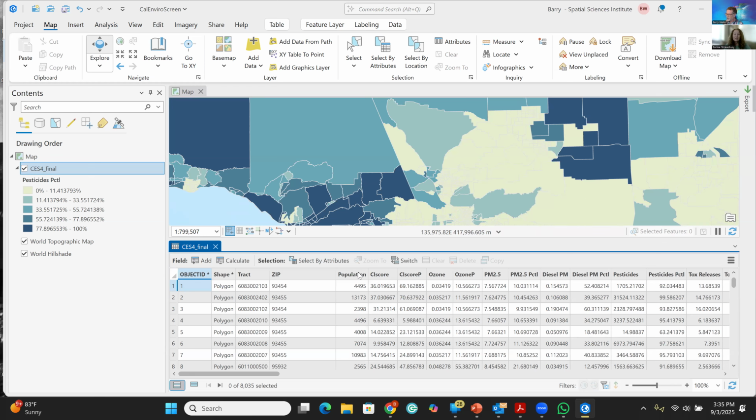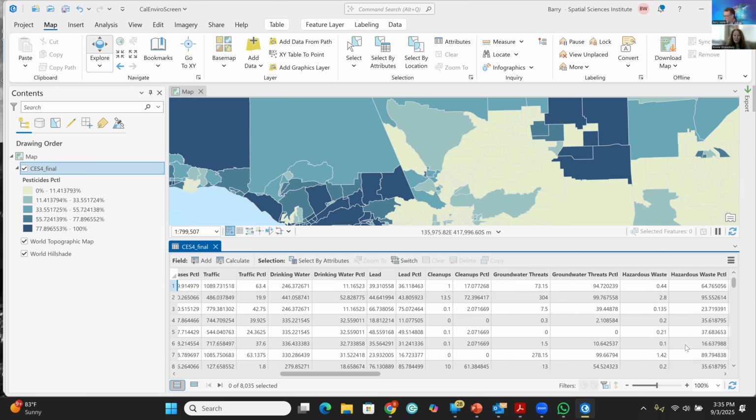So they have for each area of the population, ozone level, particulate matter levels, diesel, pesticides. What else? Environmental hazards. Well, they have environmental hazards and then they have social statistics, what they call risk factors.